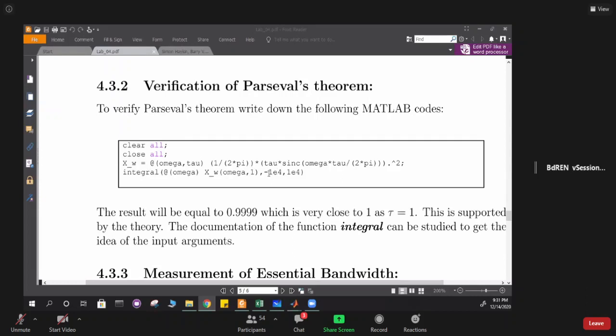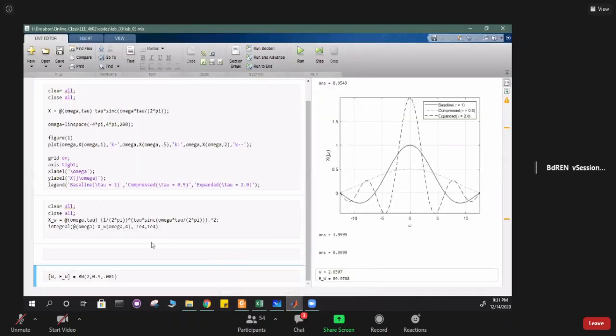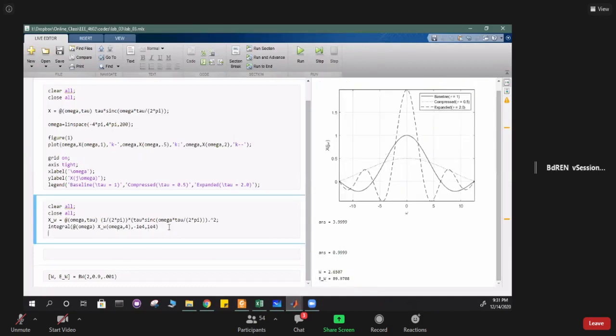As we cannot give minus infinite and infinite in MATLAB, we'll be giving a very small number and also a big number, so that we can have a value closer to 1. So if I just run this code here, you can see this omega comma 4, that means we have 4 here as tau.